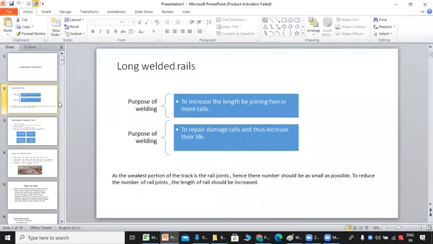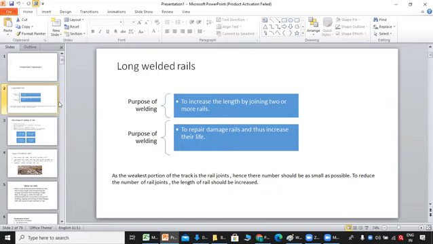So these are the two most important purposes of welded rail: first, to increase the length by joining two or more rails, and second, to repair damaged rails and thus increase their life. As the weakest portion of the track is the rail joint, their number should be as small as possible. To reduce the number of rail joints, the length of rail should be increased.